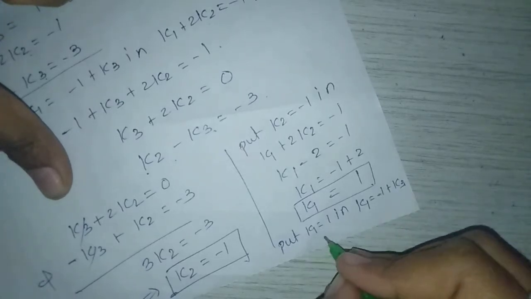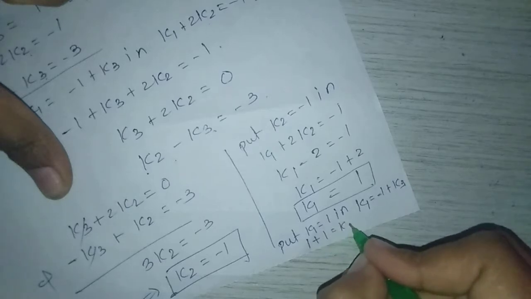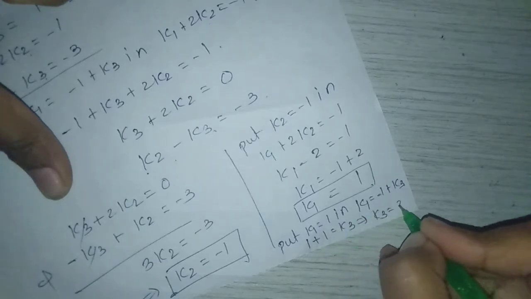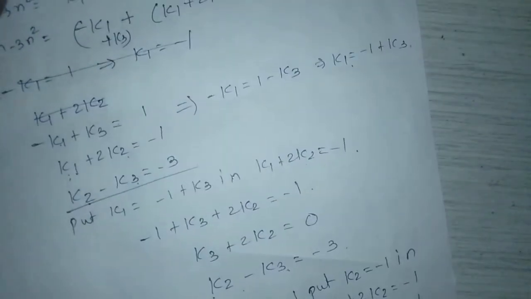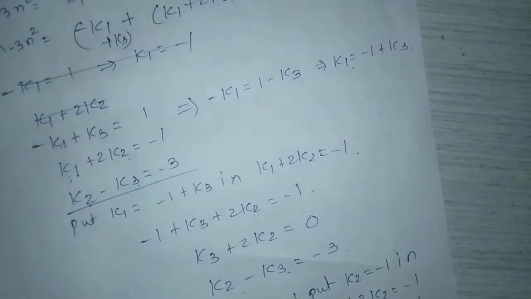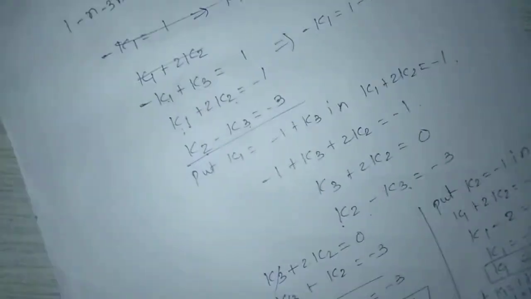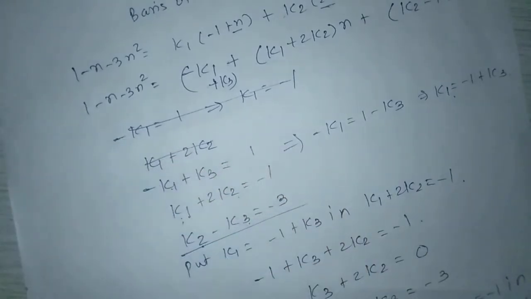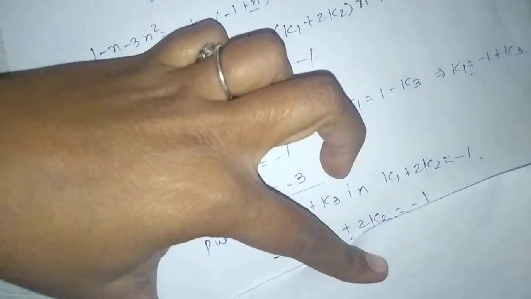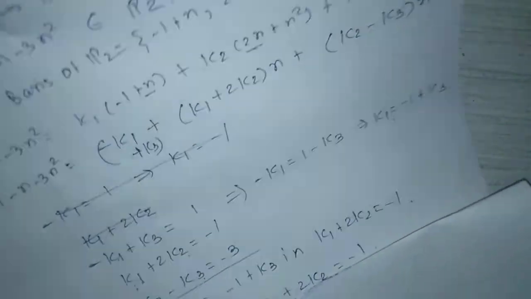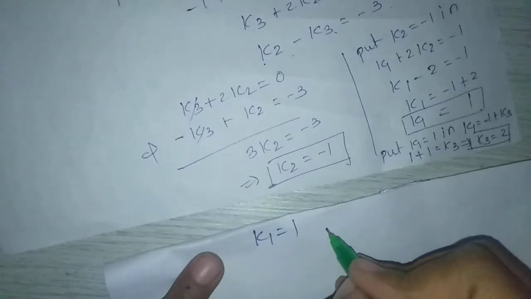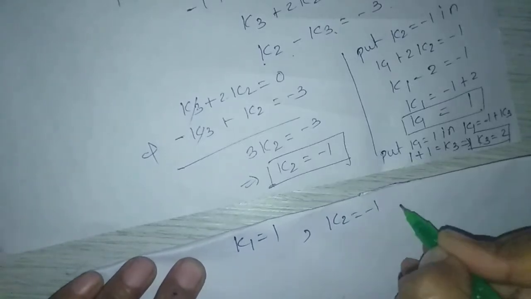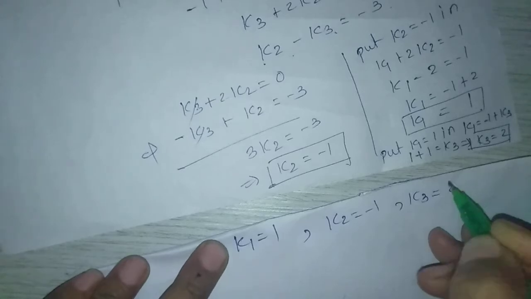We get 1 + 1 equal to k3, which implies k3 equal to 2. So we have k1 equal to 1, k2 equal to -1, k3 equal to 2.